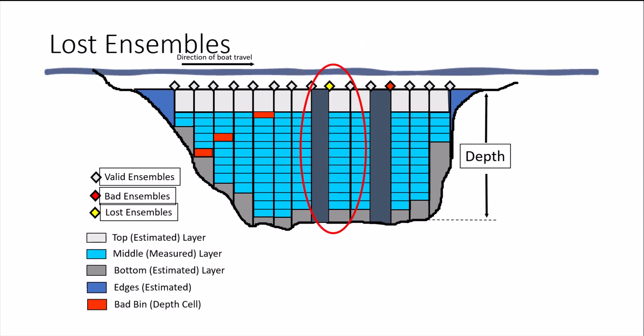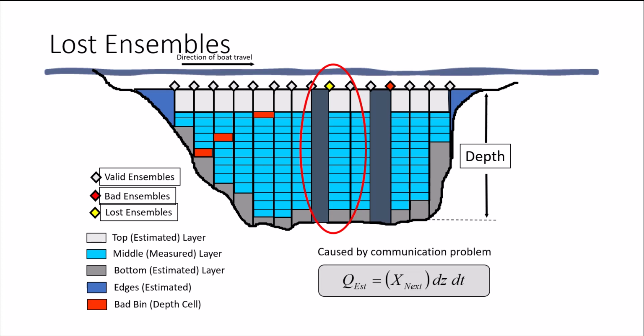Lost ensembles are ensembles for which Wind River never received a complete data stream from the ADCP. This is usually caused by communication problems. When this occurs, you only see a blank spot on the contour plot. To explain why and what Wind River does to estimate the discharge, we begin with the discharge equation.